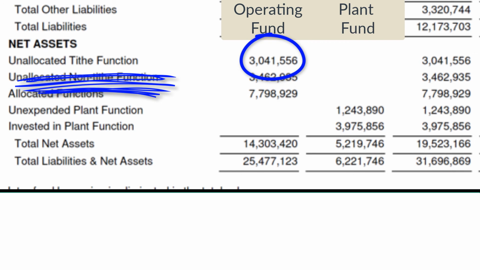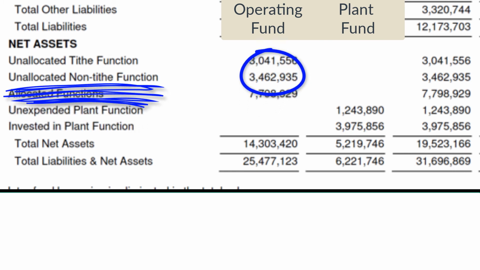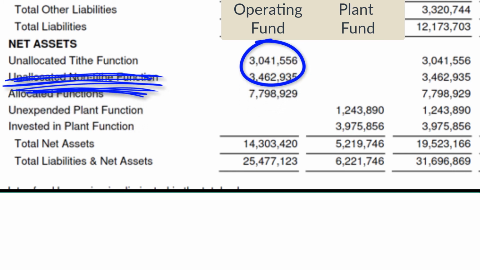So when we looked at the allocateds, if we saw something for the school and it wasn't tied up because of restriction, then we could spend that money that was for the school for the new chaplain. But finally, we get down to tithe unallocated, and for sure that could be spent for the new chaplain.